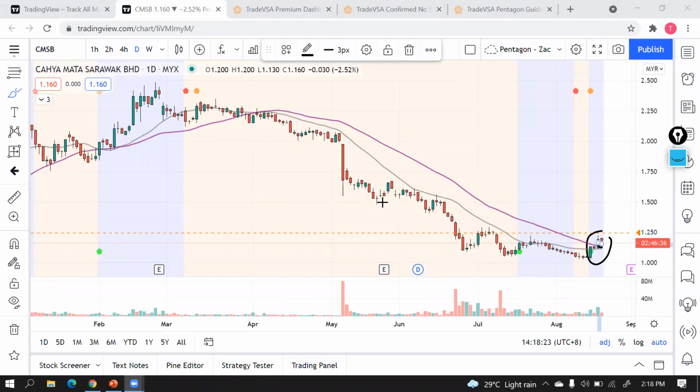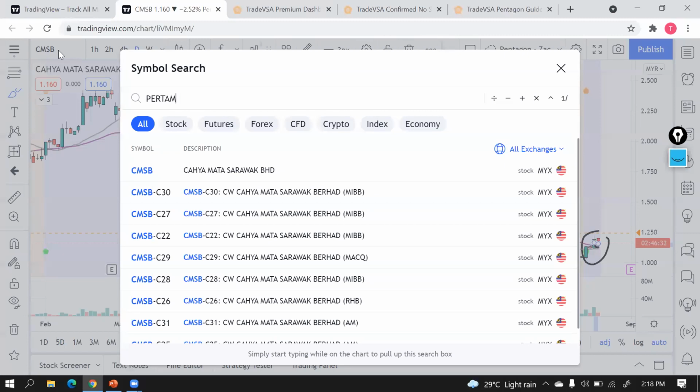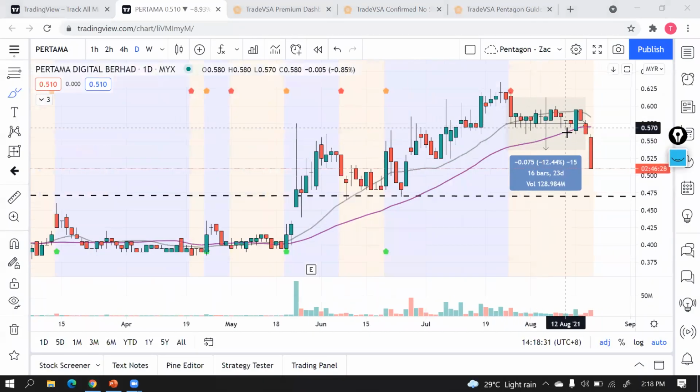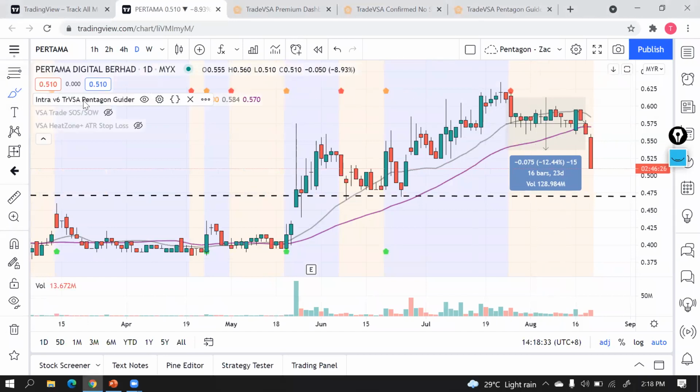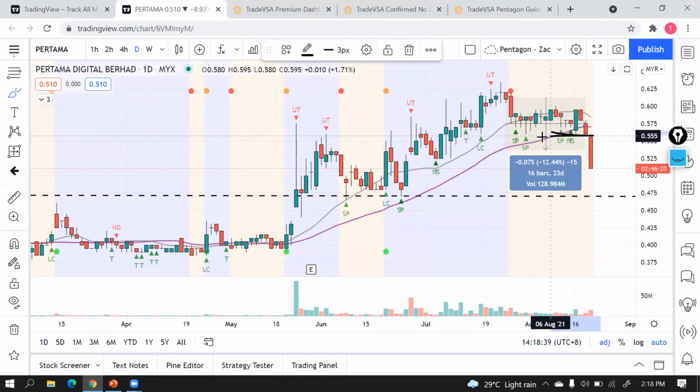Okay, welcome. Pertama already exit already. Because Pertama, if not mistaken, 2 days ago it came with NS. Let me put back my SOSW. I just exit this morning. I entered around 580, if not mistaken.